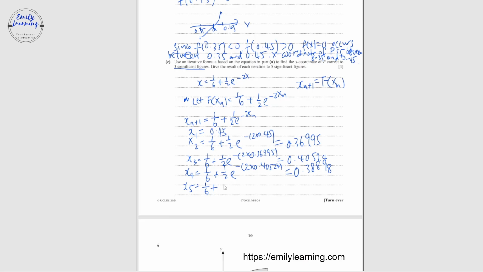Okay, continue. Okay, so here the rounded-off value is 0.390. Here is 0.397. Okay, so maybe I'll do one more time.